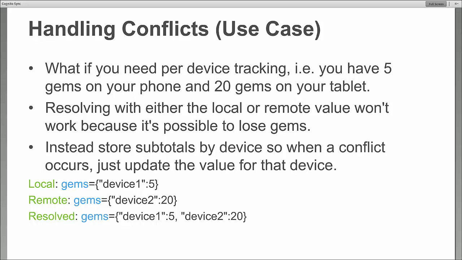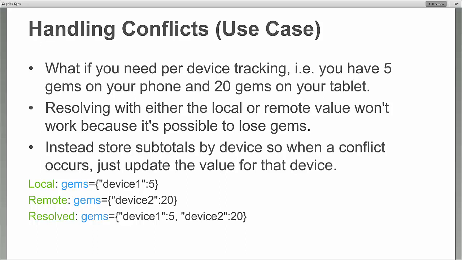Okay, another conflict resolution case we see is if you have different state on the different devices in the same app. So let's say there's two devices running the app with the same identity, right? The person is logged into two different devices, but they actually have different state on those different devices for your app. The best way to handle that is to actually include the device name with the key in your data store.